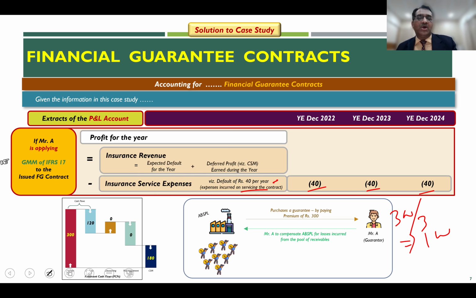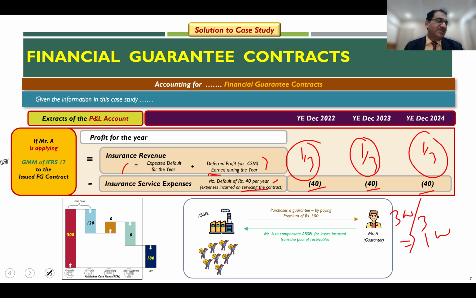Because the revenue under the GMM model, under IFRS 17 or Ind AS 117, will consist of two components: the expected default for the year, plus the deferred profit which is earned, the 1/3 of each year which you have already serviced. So 1/3 of 180 rupees is what you will recognize as your profit.